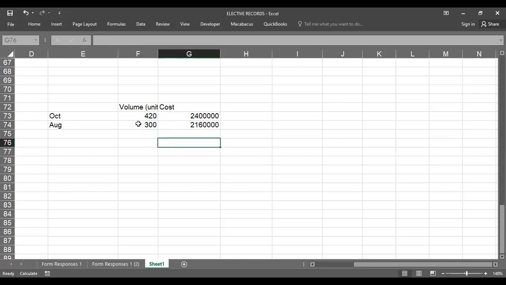So if I may explain maybe the high-low, what is it all about? Because someone may wonder what I'm doing. The high-low analysis is a technique that uses split variable cost.